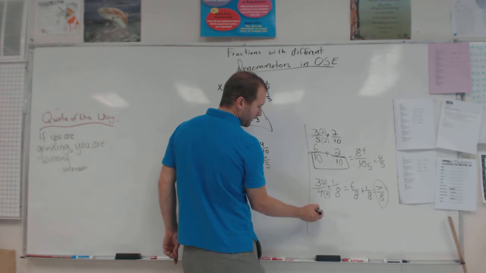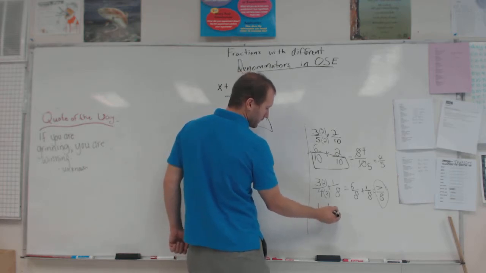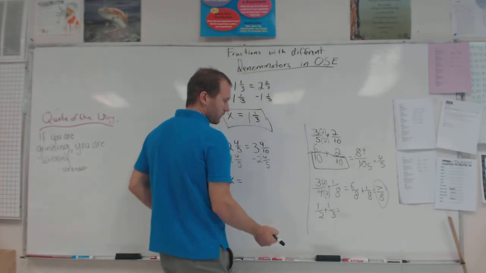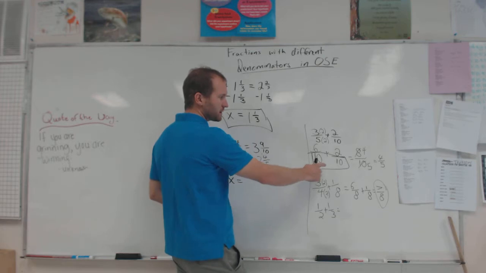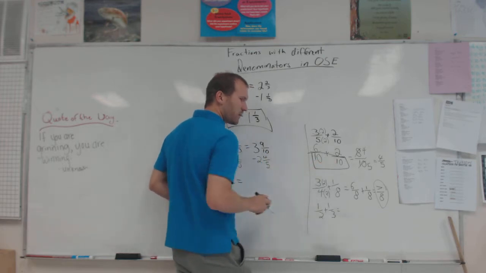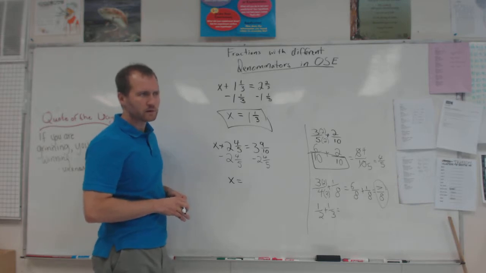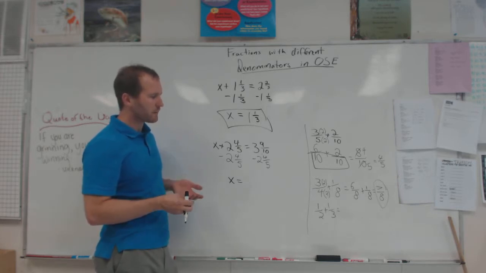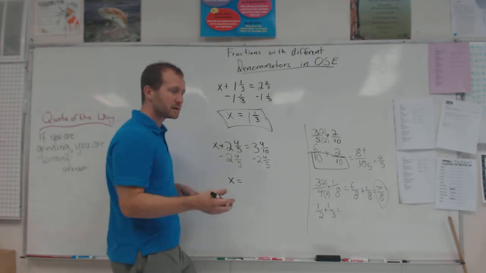Okay, what about if I had one like this? 1/2 plus 1/3. Let's see. So far it's just been the bigger number. But does 2 go into 3? No. 2 doesn't go into 3. So I have to find a number that they both go into. 6. They both go into 6.